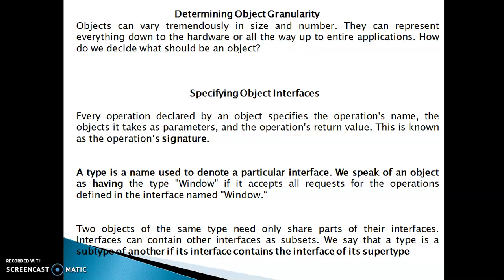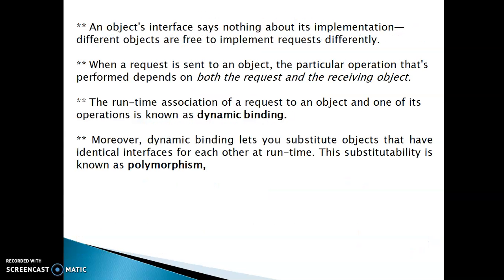A type is a name used to denote a particular interface. We speak of an object as having the window type. In the coming slides we will see what that window type is, and what runtime polymorphism and dynamic binding mean.